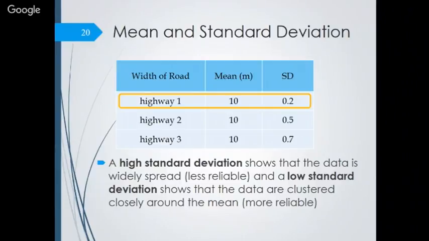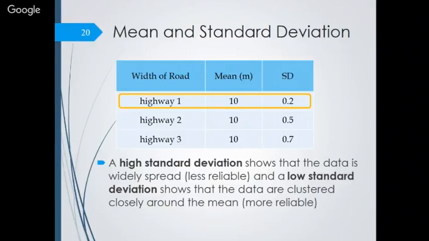Suppose we want to use the mean and standard deviation to understand a set of data. In the table we have an example of the width of a road. Suppose we measured different highways at particular points, after every particular distance, they measured the width of the road.